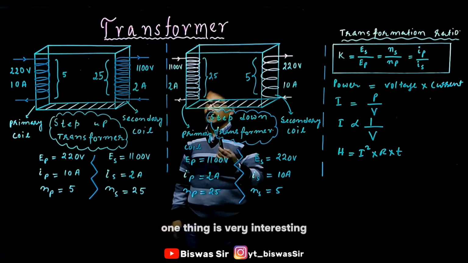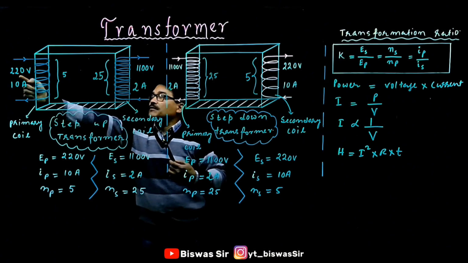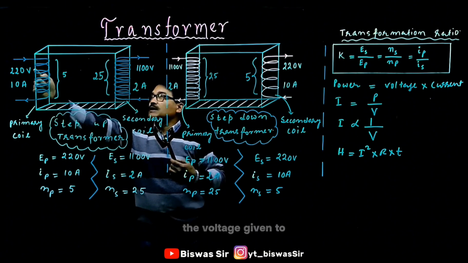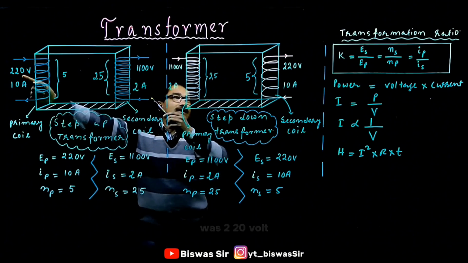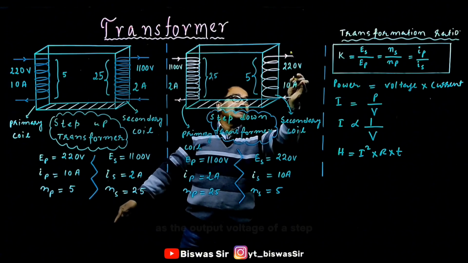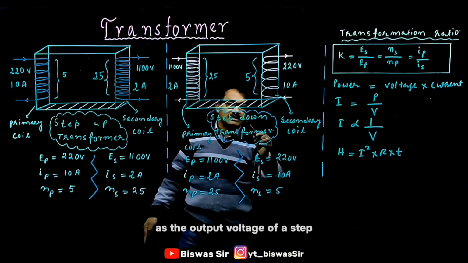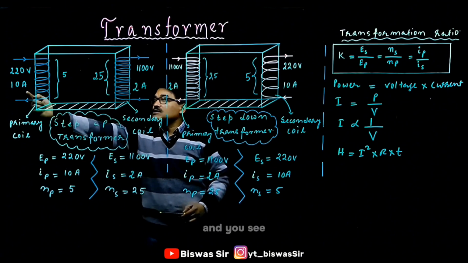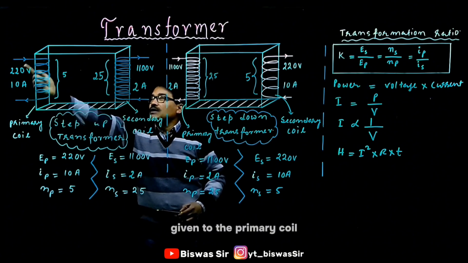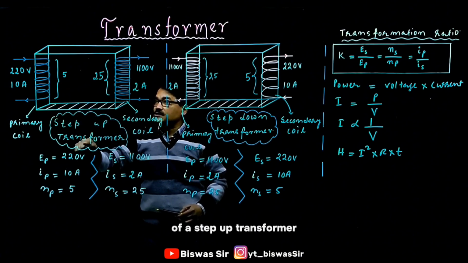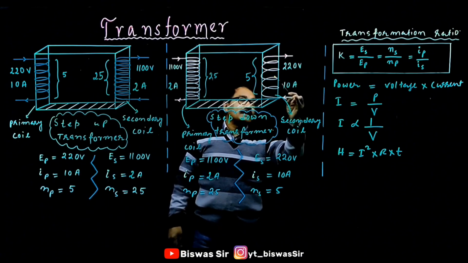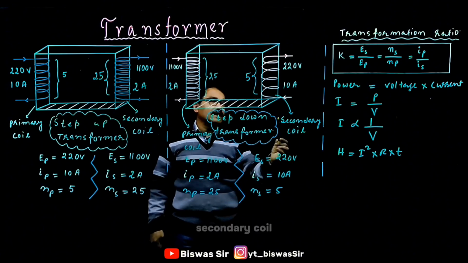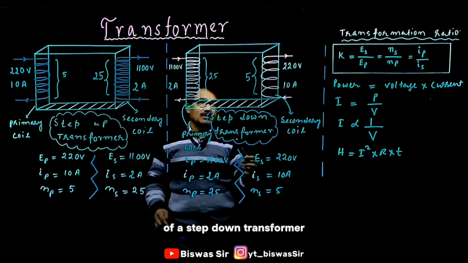One thing is very interesting: you see the original configuration, the voltage given to the primary coil of a step up transformer was 220 volt. The same voltage we are receiving as the output voltage of a step down transformer. And you see the current given to the primary coil of a step up transformer was 10 ampere, and the same current we are receiving at the output of the secondary coil of a step down transformer.